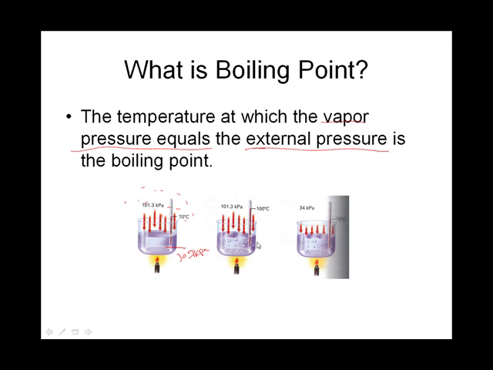Over here though, at 100 degrees Celsius, I know that the vapor pressure of water is 101.3 kPa, and at this point, the atmospheric pressure is 101.3 kPa also, so they equal one another. So the water molecules are just pushing up against the atmospheric pressure, and now a lot of the particles can leave.